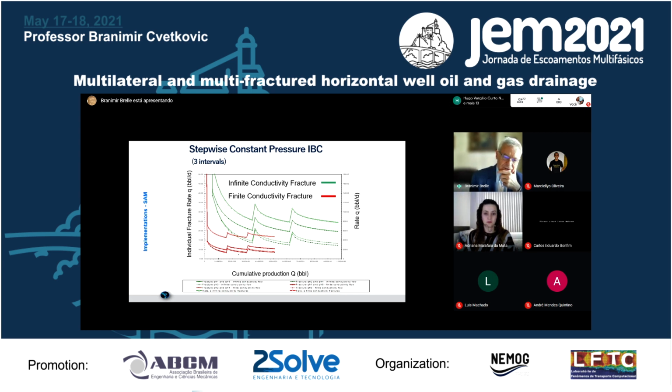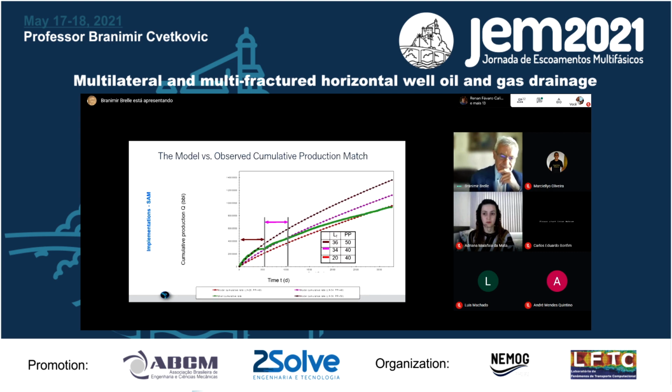This is constant rate 1, 2, and 3. And then I'm getting these peaks, you see? Then I'm simulating infinite conductive fracture and finite conductive fracture, see? So you can see that the red is much lower in this case. And then here we have the observed cumulative.